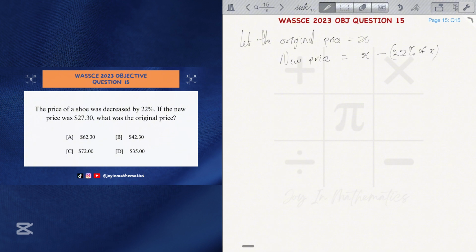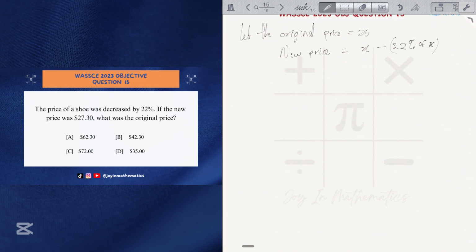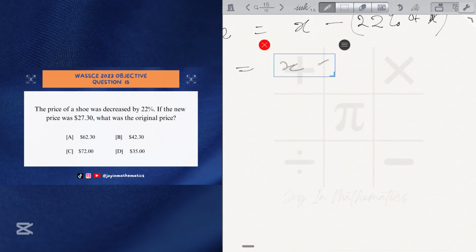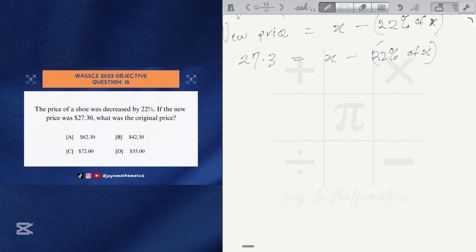So with that done, we can now find the value of x, because we know that the new price is $27.3, and this is x minus 22% of x. So now let us evaluate the value of x, because x is the original price.